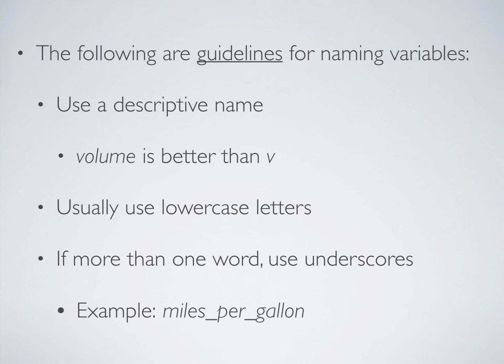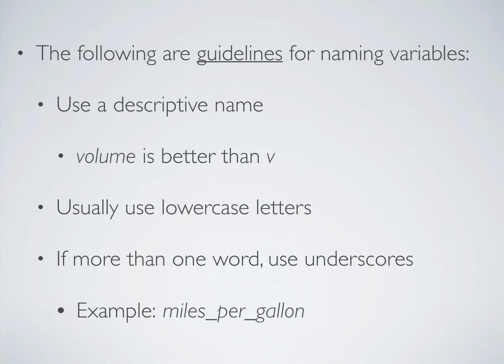Another guideline is generally you're going to use lowercase letters. There is a specific case where we will use capital letters, and we will talk about that next week. But generally when you're naming your variables, you want to stick to lowercase letters. And as we mentioned on the previous slide, you're not allowed to have spaces in your variable names.